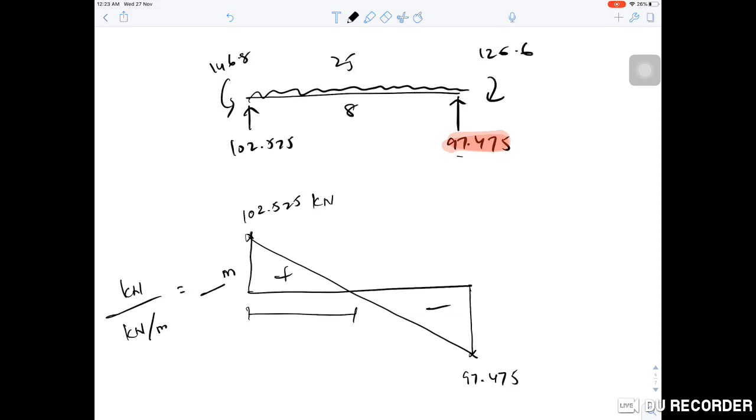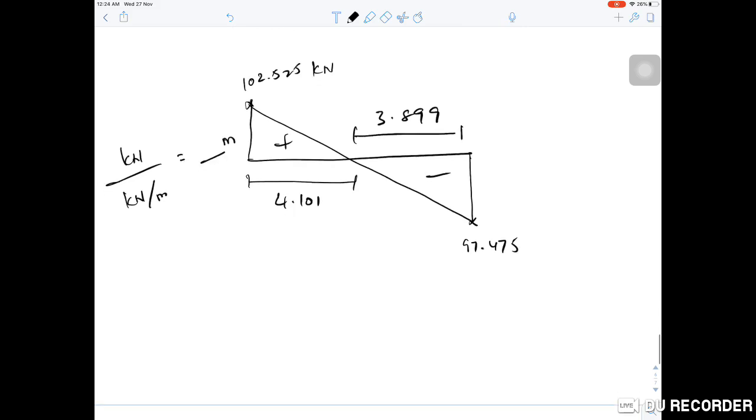So 102.525 divided by 25 is 4.101, and the other one is 97.475 divided by 25, so we get 3.899. So total is 8.